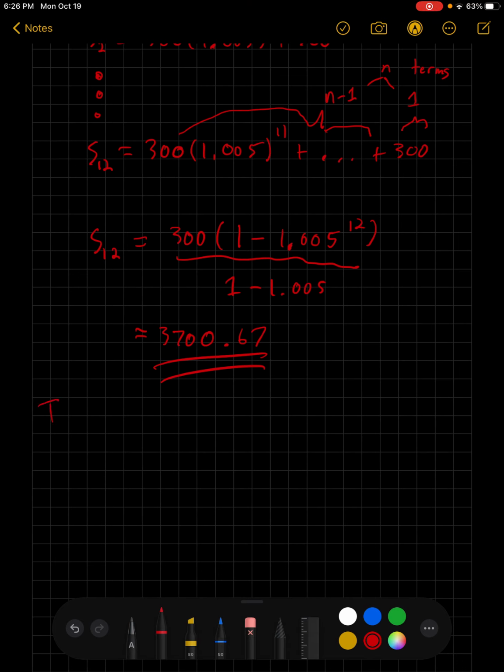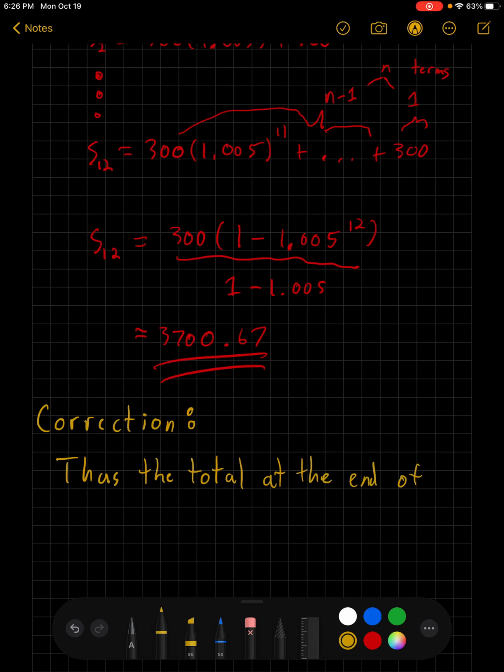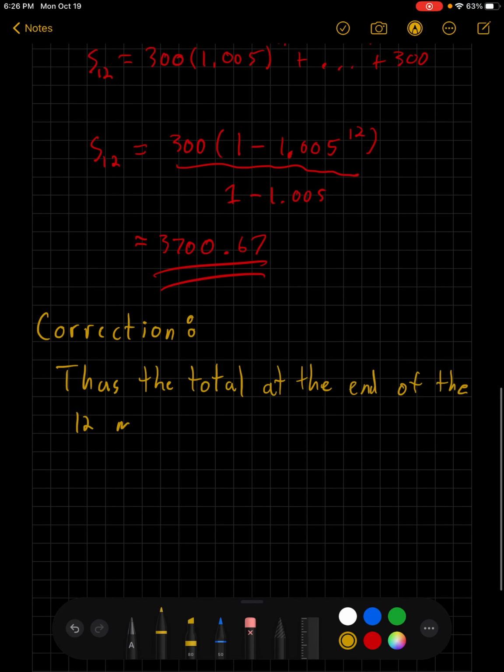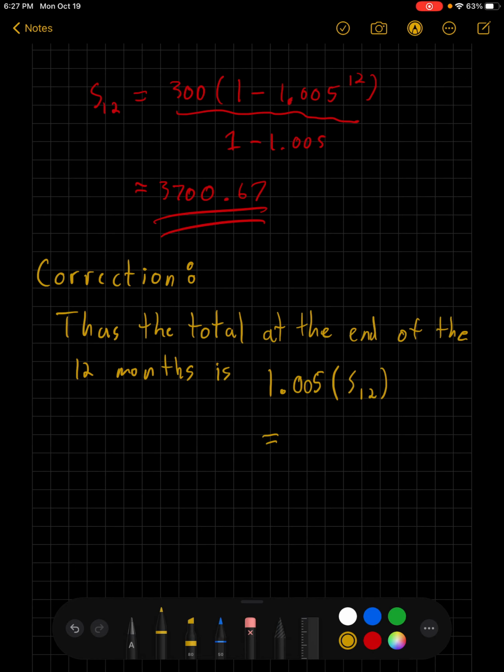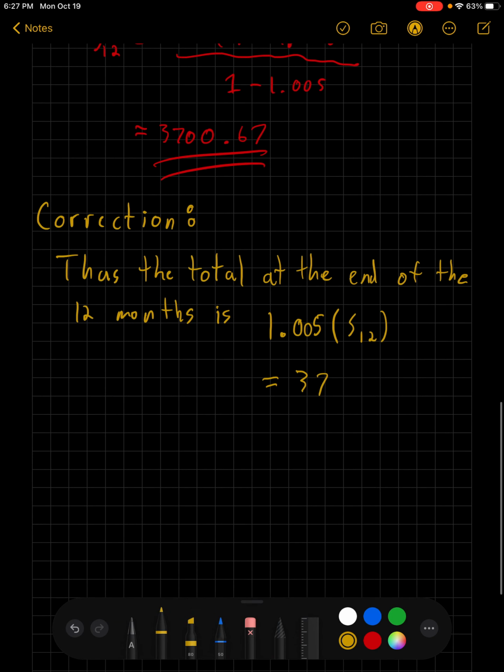So the missing step that would have saved the day here would have been to say that thus the total at the end of the 12 months is 1.005 times the sum that I had at the beginning of the 12th month, which is then equal to 3,719.17, which would have been right.